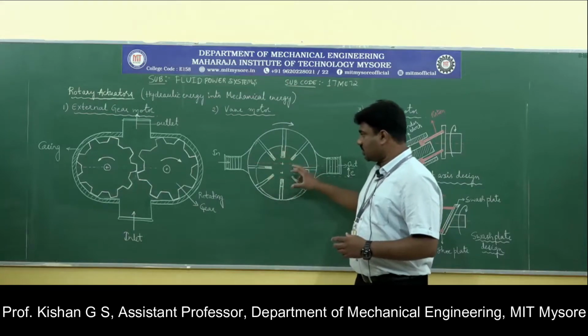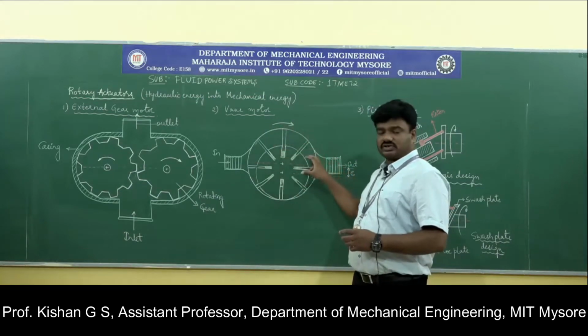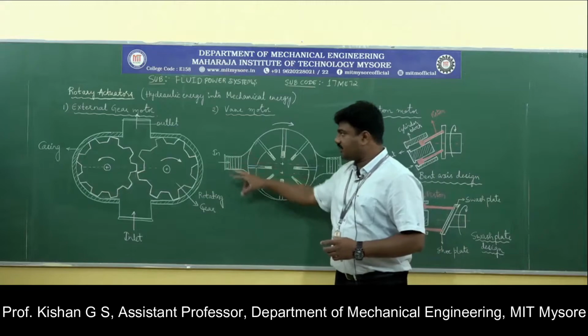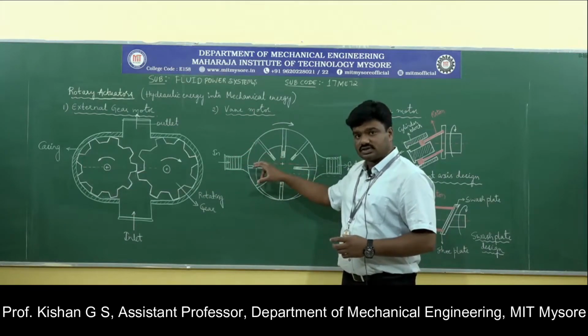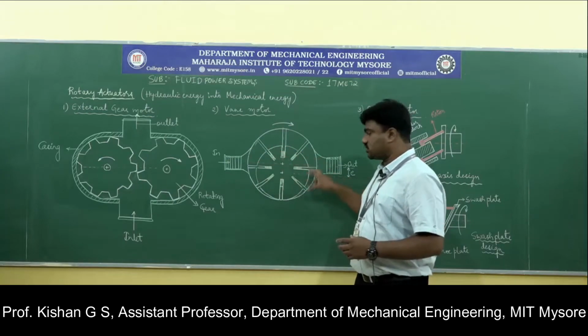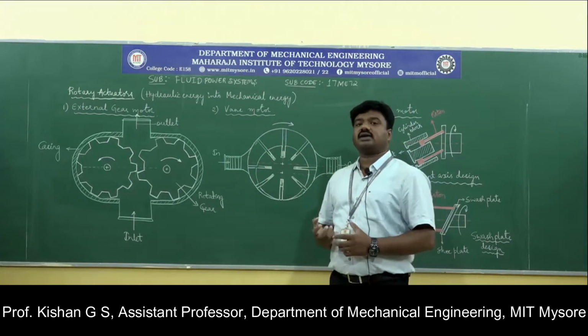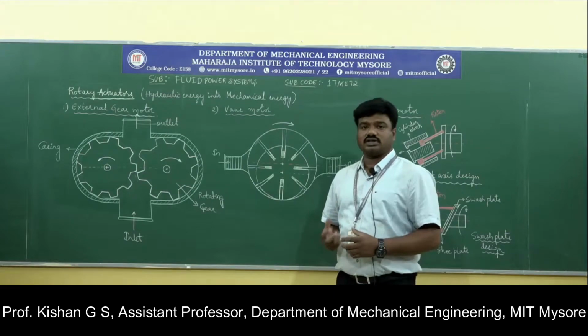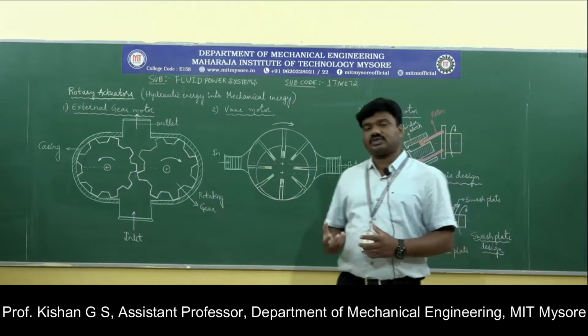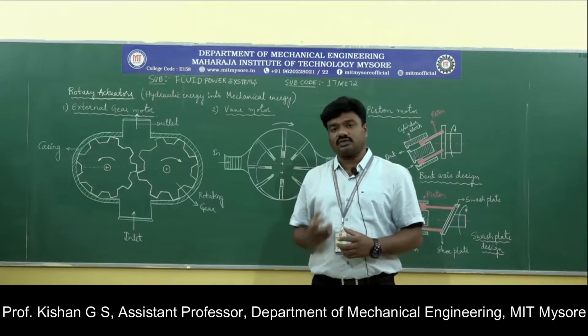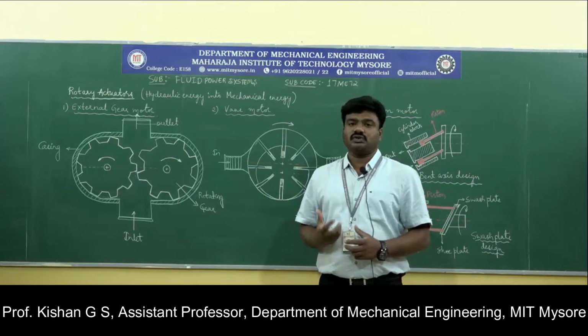This rotation of the rotor in the clockwise direction is due to the highly pressurized fluid, the hydraulic energy supplied to the system. The mechanical energy in the form of torque is obtained here, and you consider the torque obtained from the rotation of the rotor for any particular useful work.